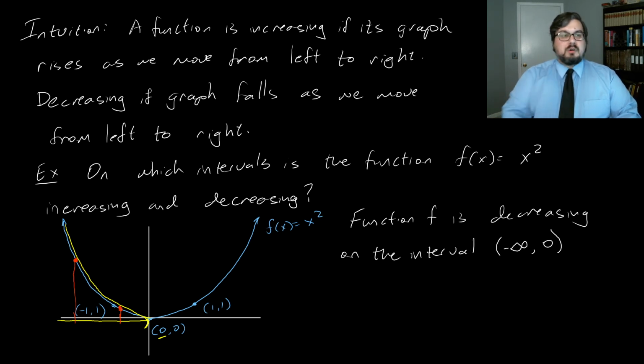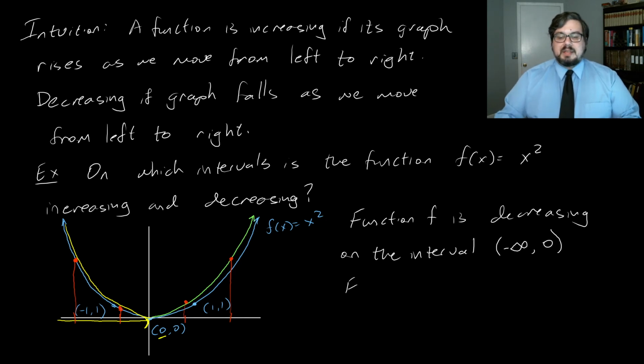Okay, so now we were decreasing for a while, we got to 0, 0, and now we can see that afterwards we start increasing, we start moving upwards. And now if I take two x values on the right side of the graph, then the larger x value corresponds to the larger y value.